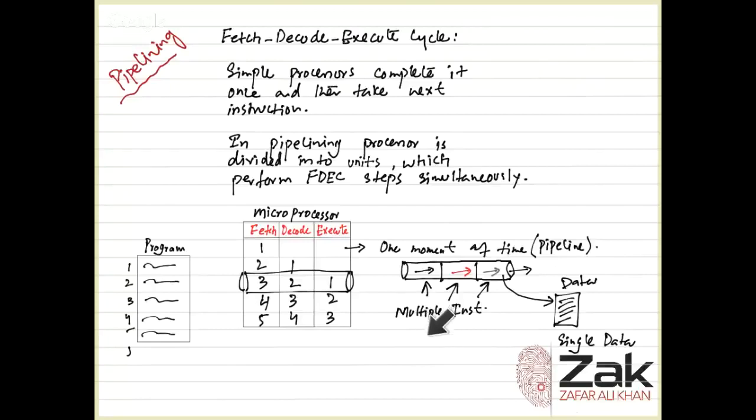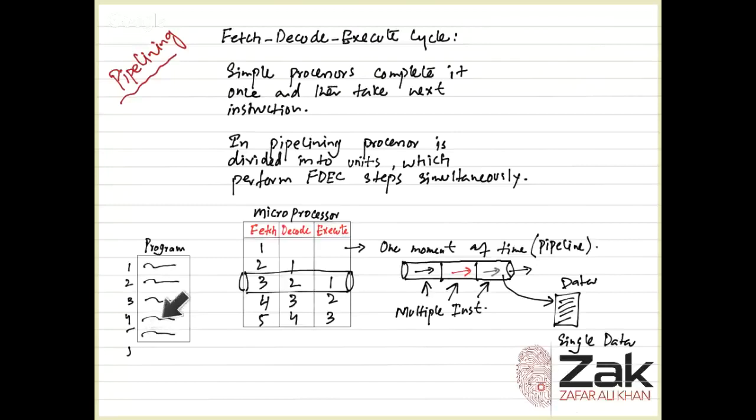Is that understood? Now, pay attention to the fact that we have got one, two, three, four instructions. First instruction is being fetched. The other moment of time it is being decoded. While it is being decoded, second one is being fetched, and then first one is being executed. Same thing is happening.